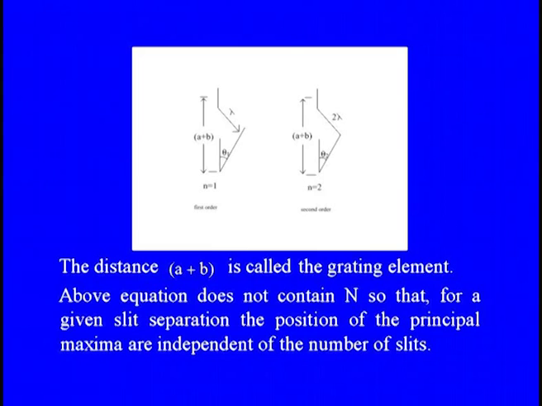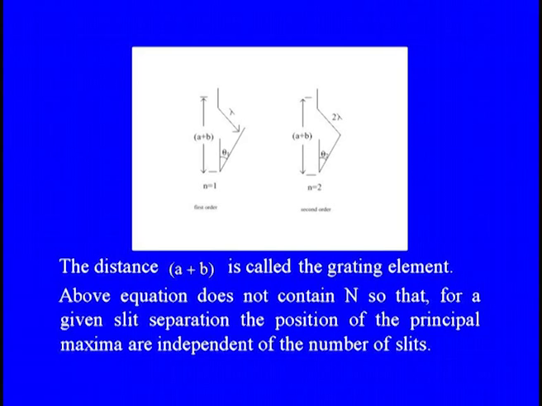The whole number n in the above equation represents the order of the interference maximum, and physically it gives the number of wavelengths in the difference of paths of the diffracted rays from any pair of corresponding points of the grating, as shown in this figure here. The distance A plus B is called the grating element.